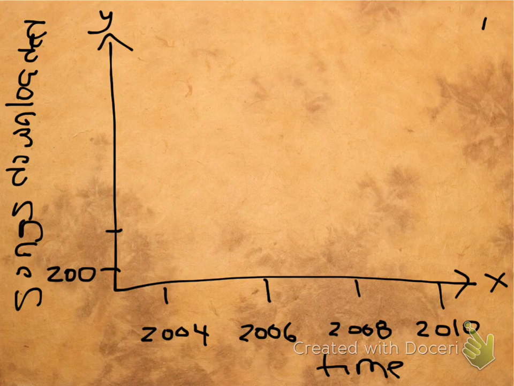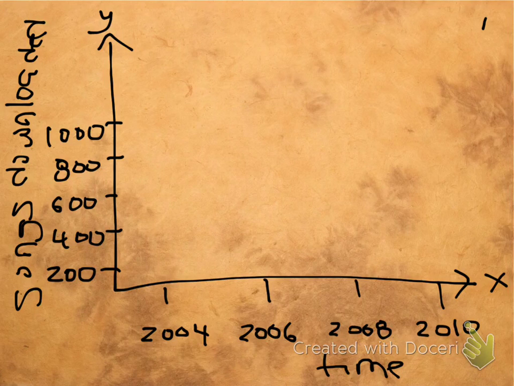Maybe go up by 2's. Something like that. And we're going to graph our 2 points that they gave us. So 2004 they said was 600 songs. Oops. Nope, 2004 was 200 songs.